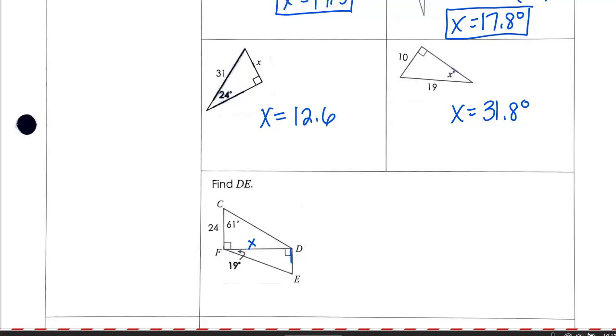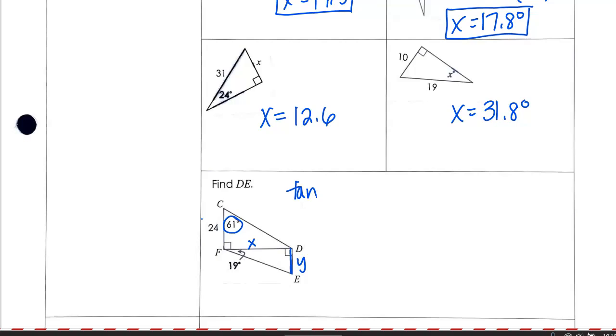We want to find DE. So I called that X. Let's call DE Y. All right, so the first thing we're going to do is find X. So you'll see here's our angle. X is opposite that angle, and we're also given the side adjacent to that, which means we're going to use tangent.